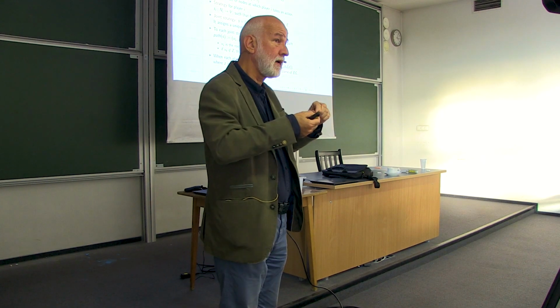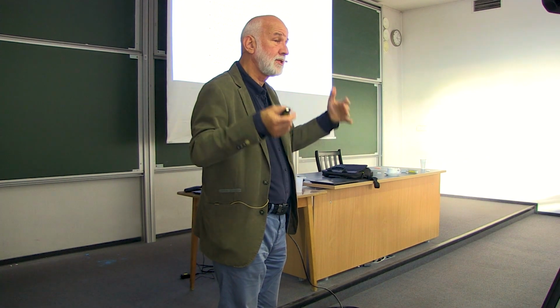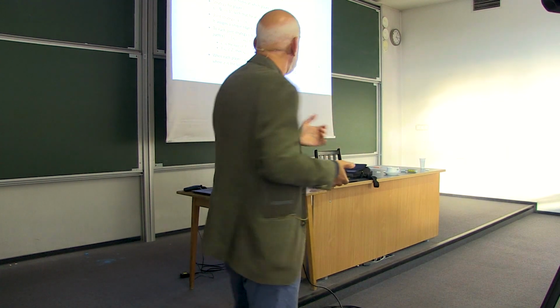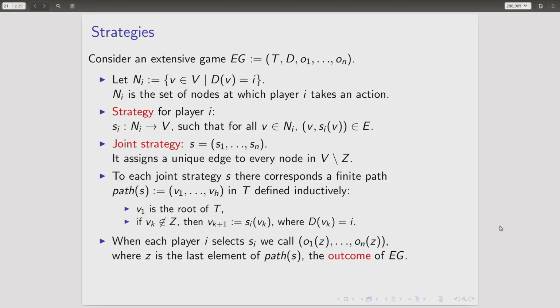So if I take a vector of these strategies, I get something called a joint strategy. And this now sounds too familiar to the previous situation when we discussed strategic games. And you will see in a moment that it is, in fact, a special case of strategic games, but one has to prepare some definitions first.